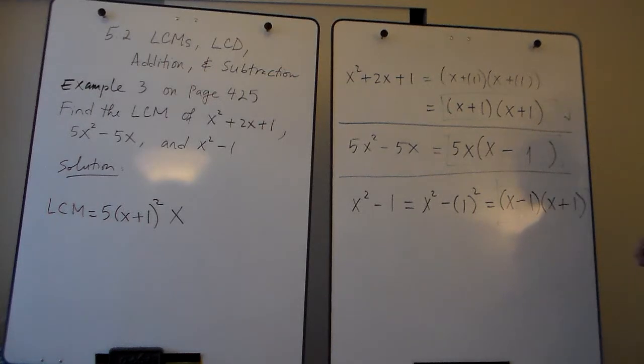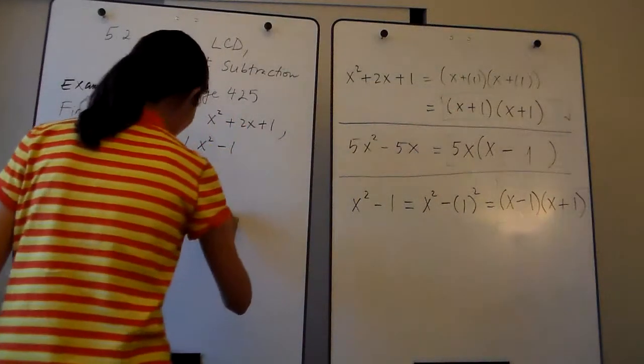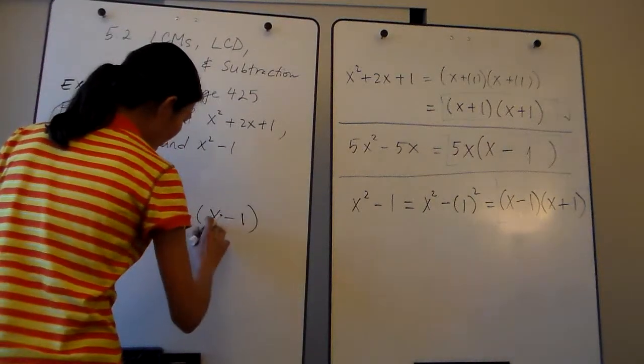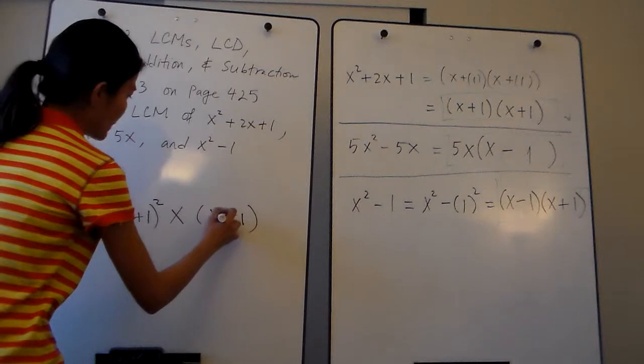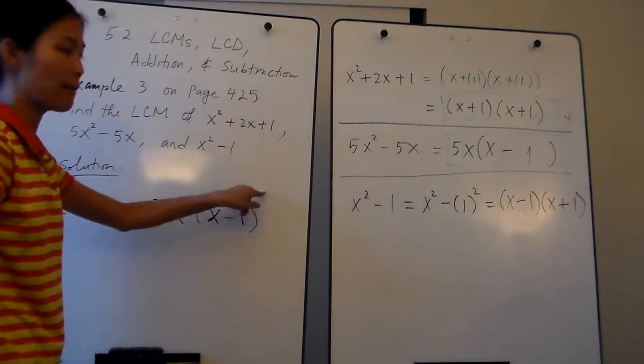In each expression, x minus 1 only happened one time. In this second expression, x minus 1 happens one time, and in the third expression one time. So all you need is x minus 1 to the first power, okay? I'm not going to write the power because it only happened one time, okay?